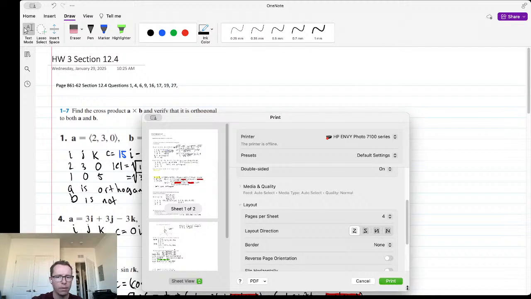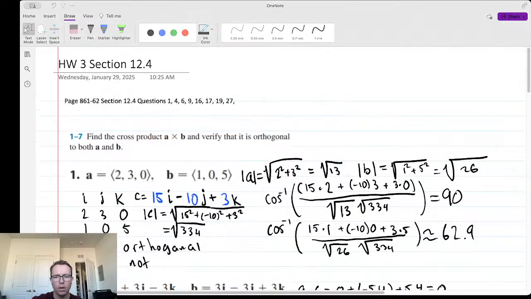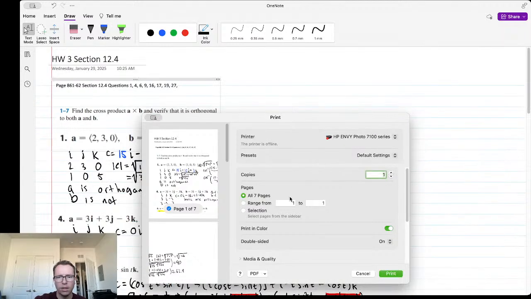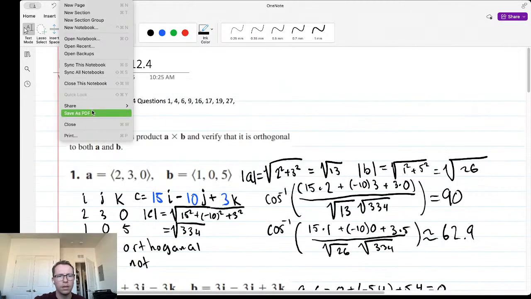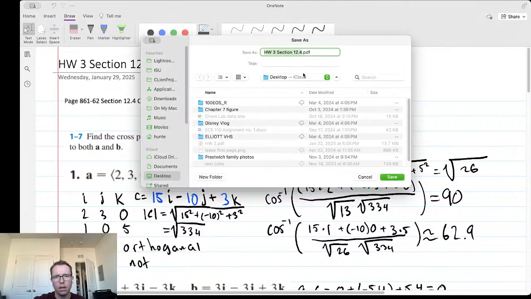Okay, hold on. I'm gonna try this real quick. Whoa, no, I don't actually want to print it. Hold on, I don't actually want to print it. I just want to save it as. Can I not just save it like that? File, save as PDF. Doesn't give me all the customization.